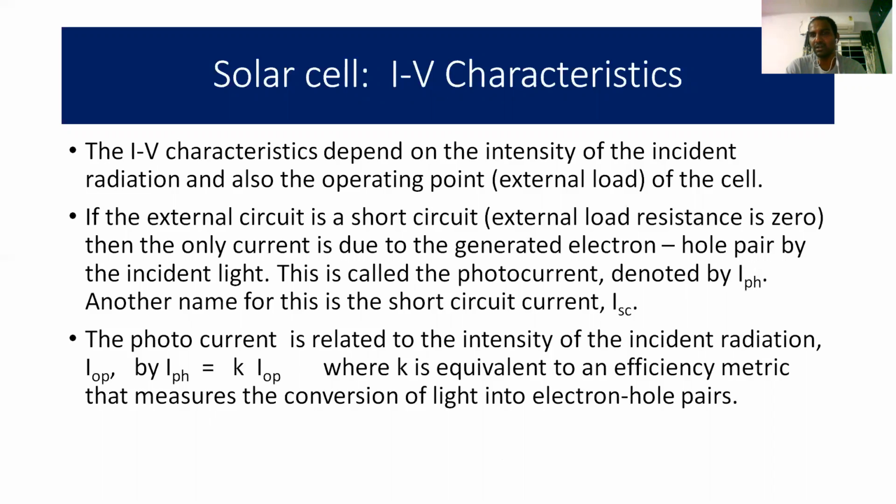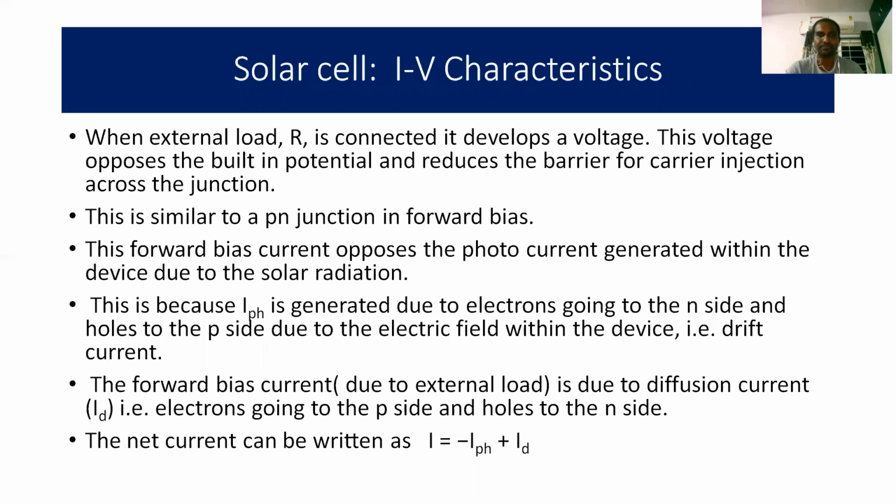This is called photocurrent, denoted by IPH. Another name for this is short circuit current, represented by ISC. The photocurrent is related to the intensity of incident radiation, IOP, by IPH equals K into IOP. Here K is an efficiency metric that measures the conversion of light into electron-hole pairs.